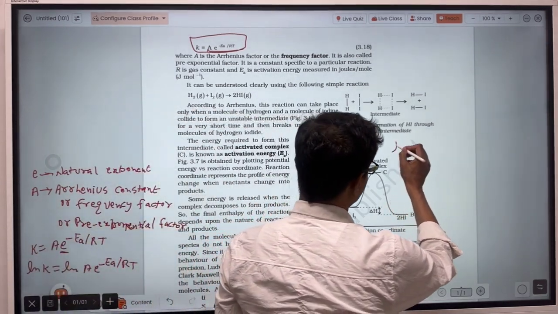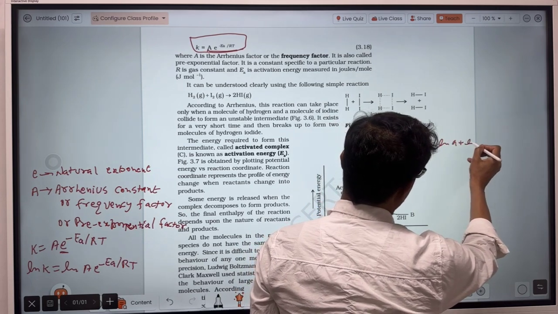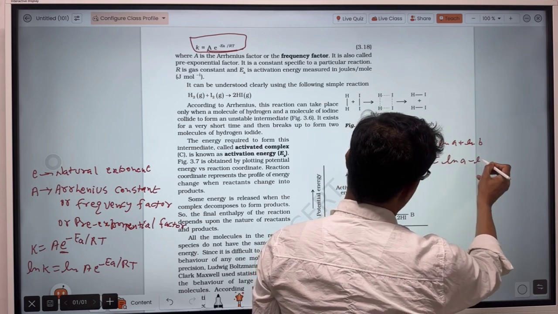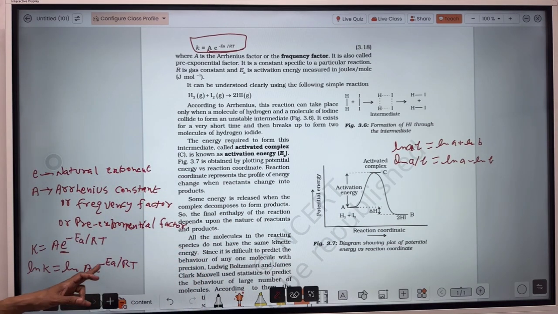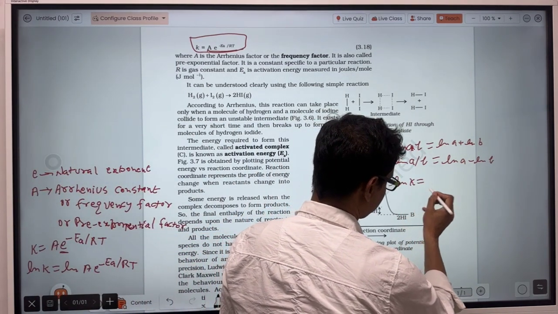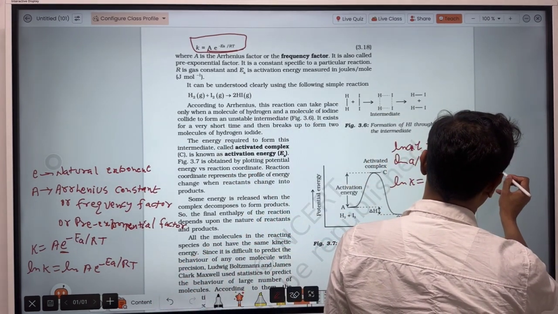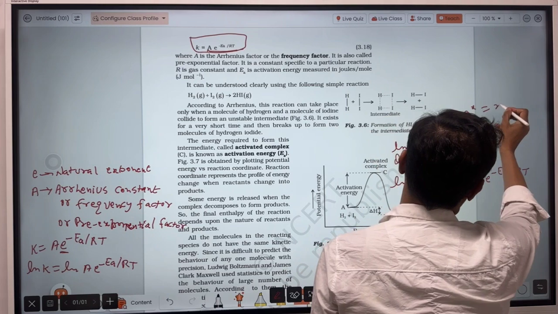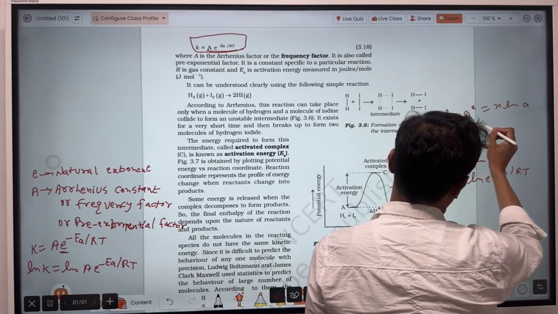Now you already know log of A into B equals log A plus log B, and log of A upon B equals log A minus log B. So here, since it is in the form of A into e to the power minus Ea upon RT, we can write log K equal to log A plus log e to the power minus Ea upon RT, and log A to the power x equals x log A. Log e is equal to 1.